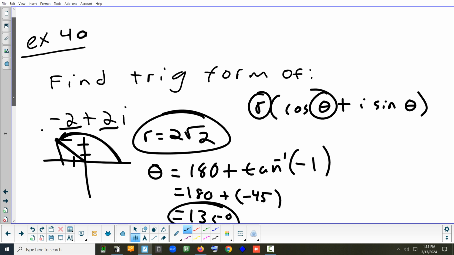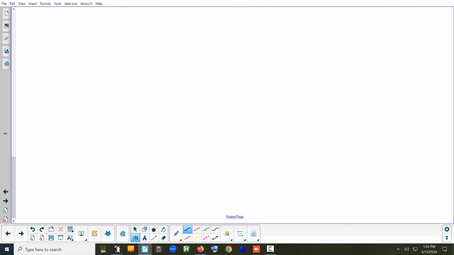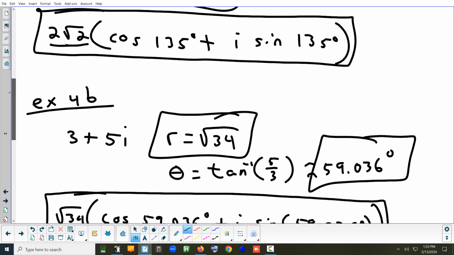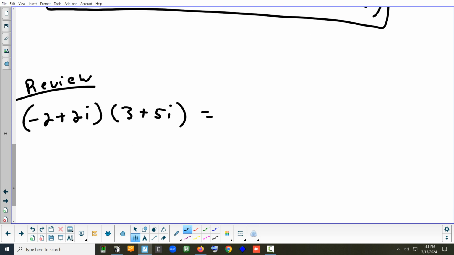So it's going to be a review of multiplication of complex numbers. Let's take -2 plus 2i and multiply by 3 plus 5i. How do you multiply those together? Foil.